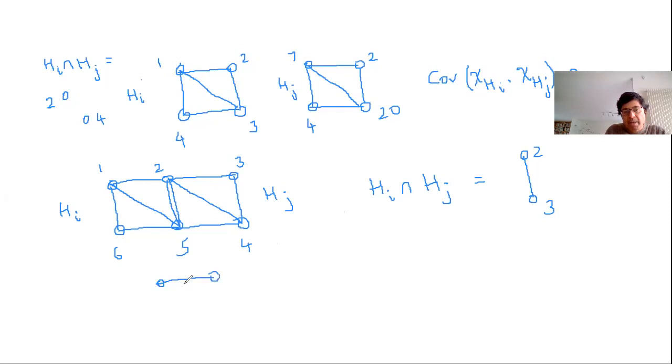So maybe Hi is this thing here. And now maybe Hi and Hj have this triangle in common, and Hj is this.